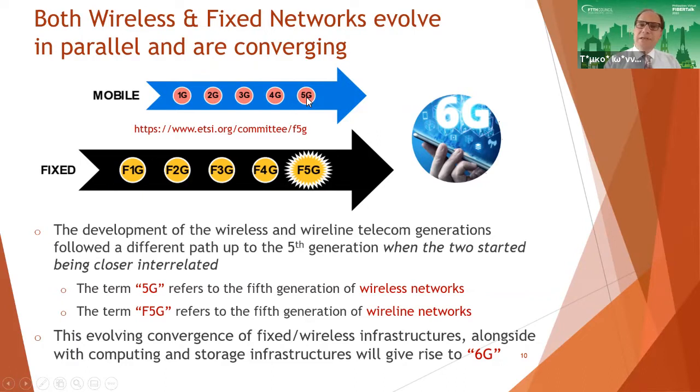But since the emergence of the fifth generation for each one of those, we have seen these two different networks converging with one another. And this convergence will be completed with the emergence of the 6G network by the end of this running decade.